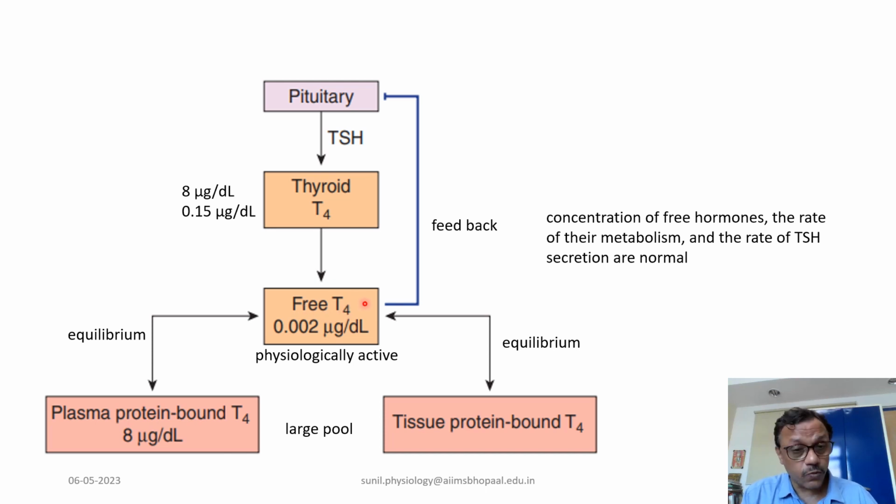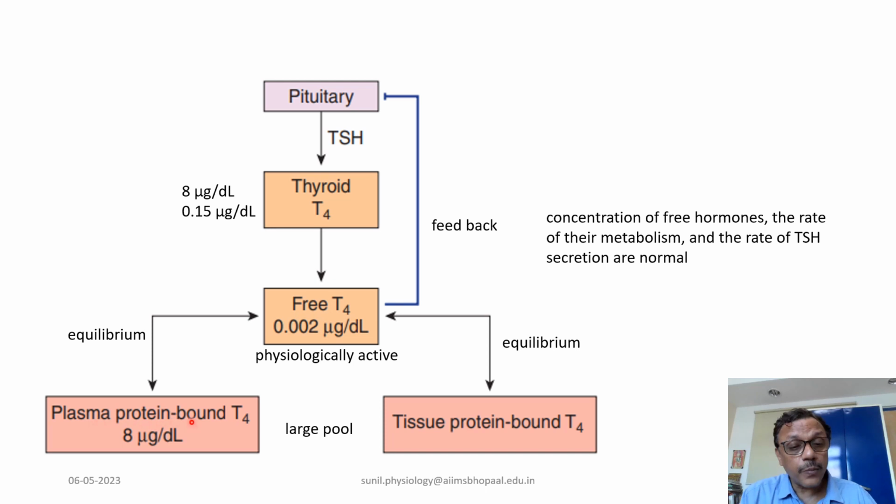Now this T4 or T3 level is in equilibrium with the plasma bound and the tissue bound hormone. These two are the large pool for T4, and when required T4 is converted into T3. Now suppose the plasma protein increases, for example during pregnancy, when estrogen stimulates the liver and a large amount of protein is increased.